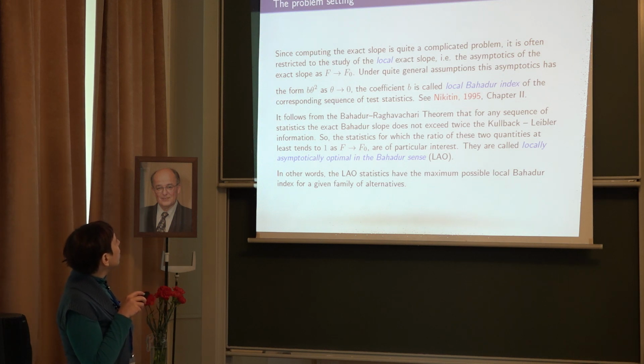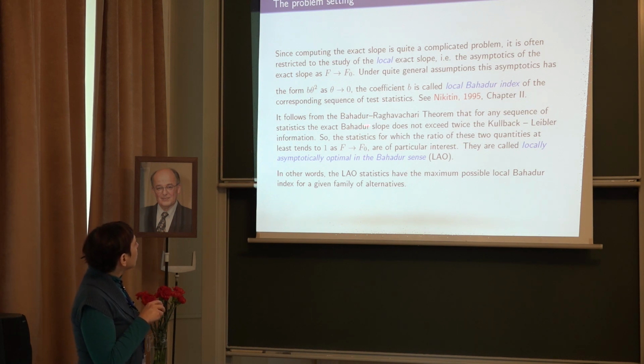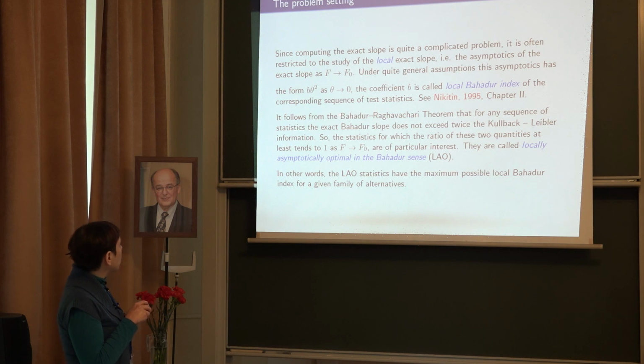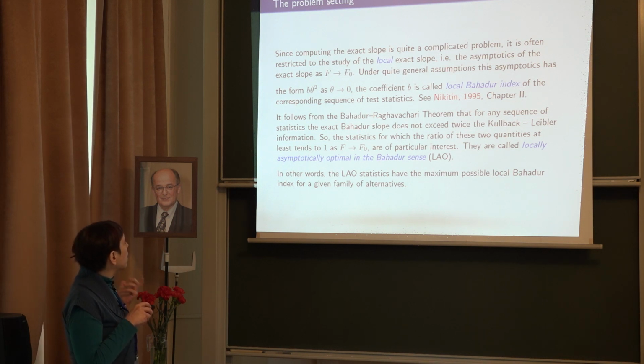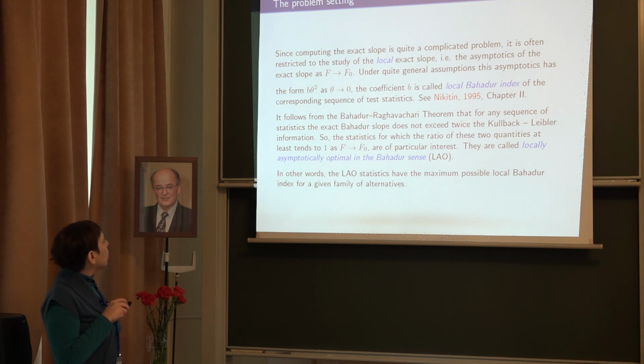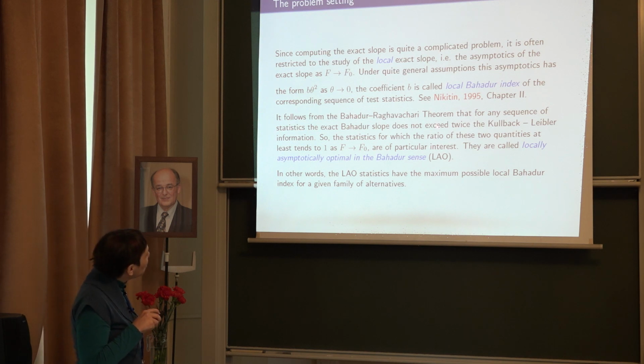And b is defined in terms of the alternative. It's well known that we bound the exact Bahadur slope, and hence the approximate Bahadur slope, by twice the Kullback-Leibler information by the Bahadur-Raghavachari theorem.